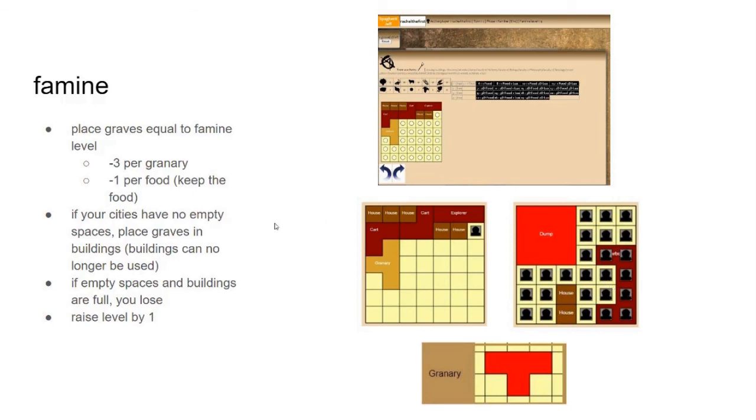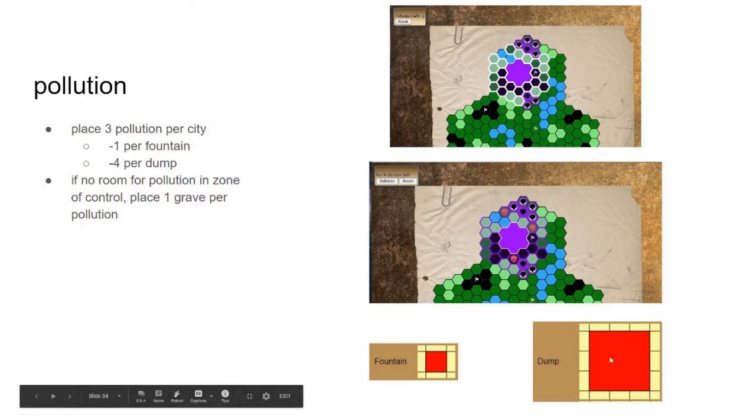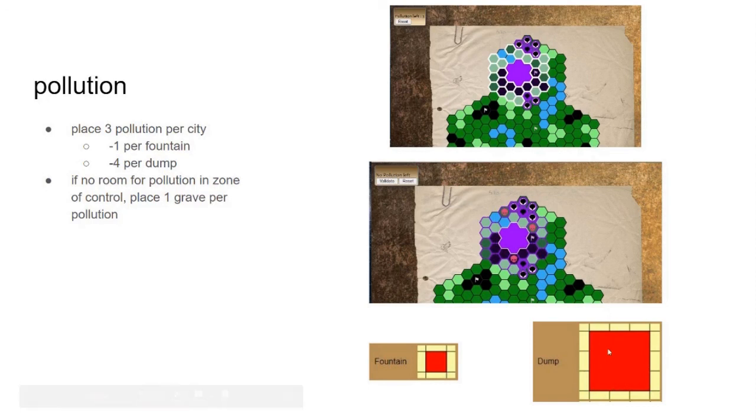We also have to think about pollution in the countryside. So our next phase is going to be pollution, which is, the rate of pollution is 3 pollutions per city. Each pollution round, you need to place 3 pollutions per city that you have. This is mitigated by the dump. If you have a manned dump, then you can mitigate pollution by 4.